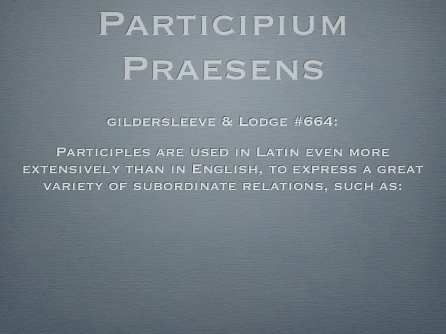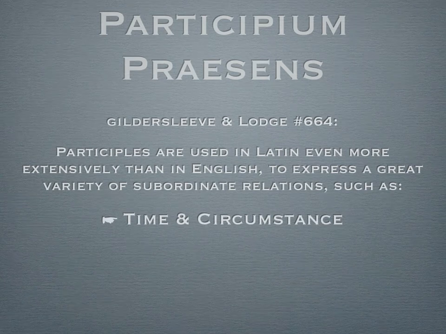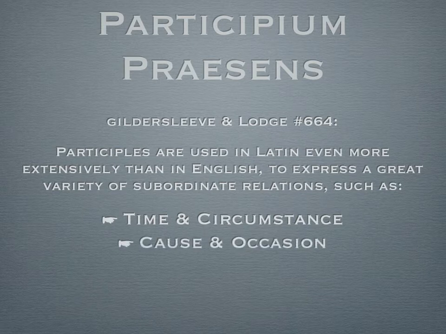So what are some of these subordinate relations? Time and circumstance: when something happened, or the circumstance in which the main verb happens. Cause and occasion: why does the main verb happen? The participle could tell us about that.